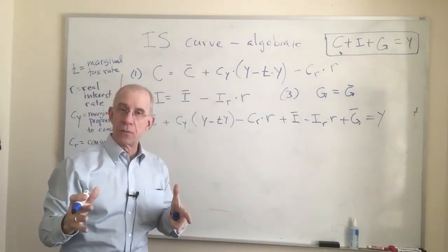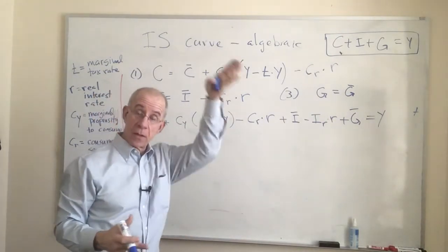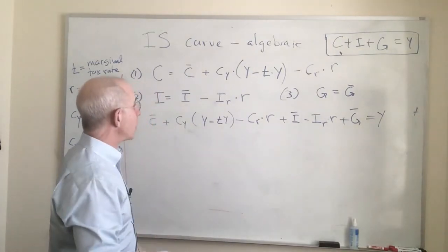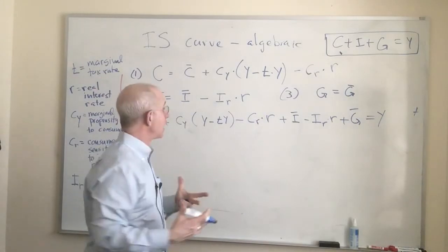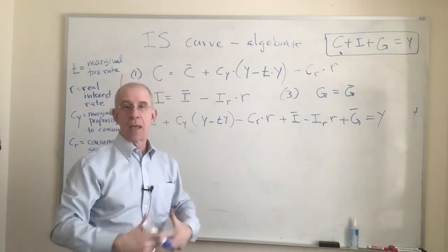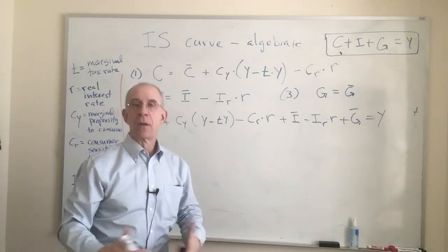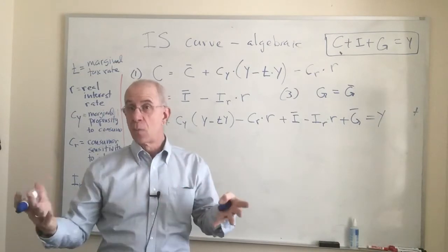Now what I want to do, because I want to do this with the IS curve with interest rates on the vertical axis and national income on the horizontal axis, is combine all of the terms involving Y and all of the terms involving R, solve for R, and then we'll have an expression that has the intercept and slope, which we can then interpret.